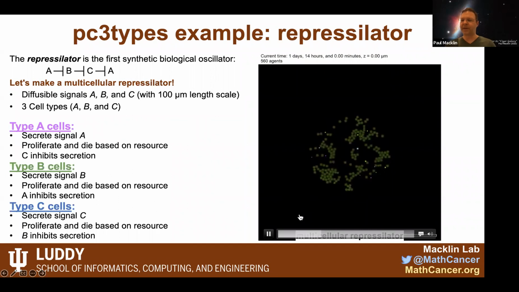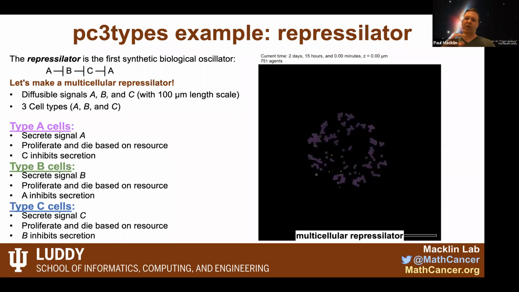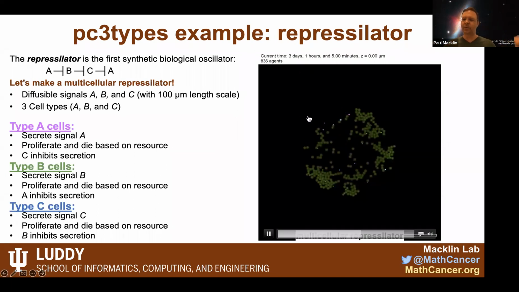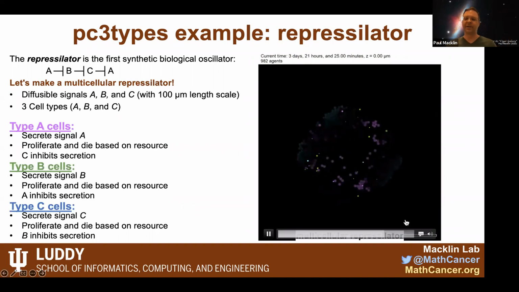But as it gets bigger, the signals have to propagate by diffusion across the domain, which means that over time, as this thing grows, it can take longer and longer for the signals to propagate, and you have different parts of this colony in different parts of the circuit. And so you'll see now these waves of color changes sweeping across the tissue, and sometimes even the emergence of the classical spiral waves that you might expect in this kind of circuit.